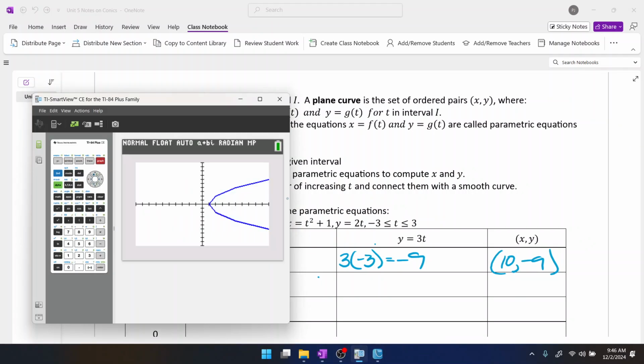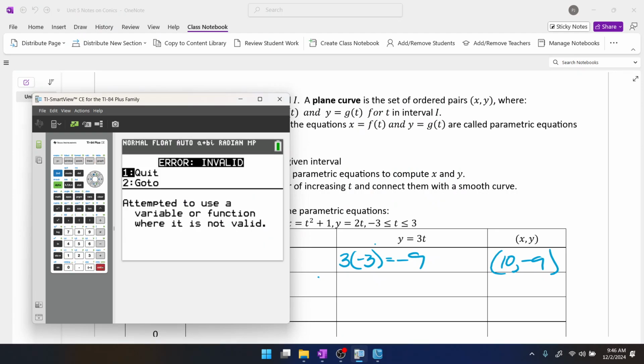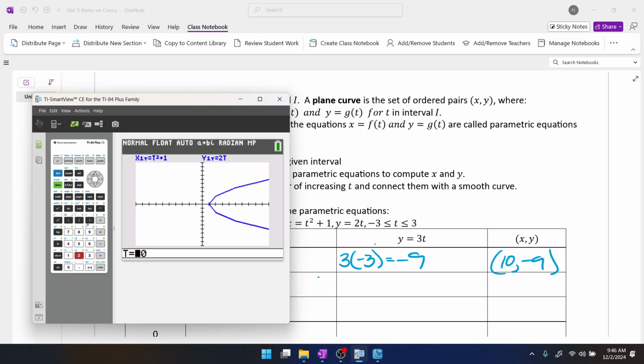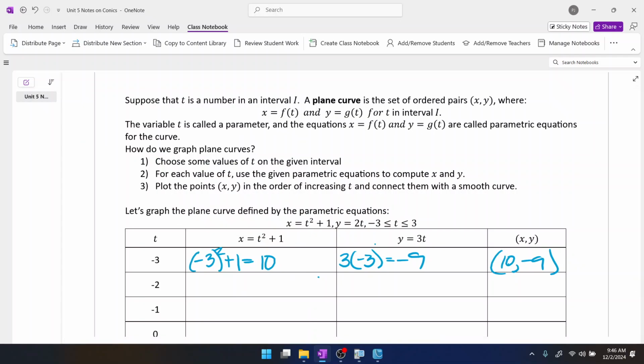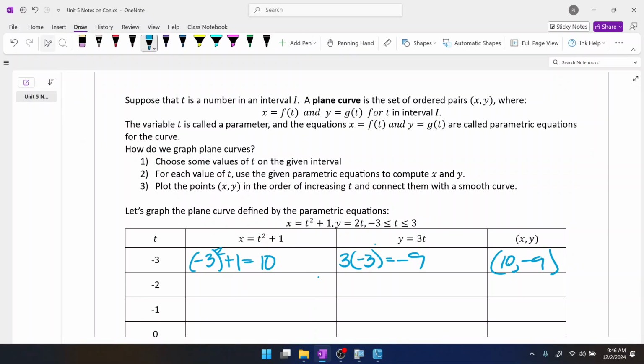And if I go to trace and type in 3 for t, I'm sorry. Oh, wait. That's 2t. I don't know why I did 3t. Well, that's easily repairable. It'll be 10, -6.